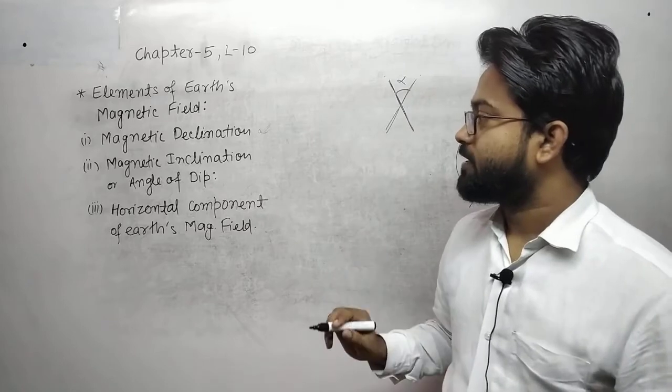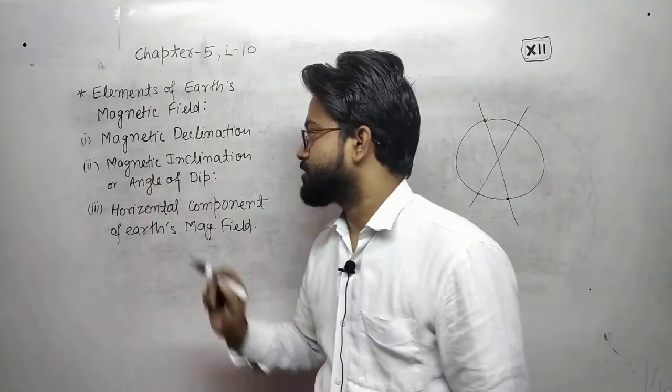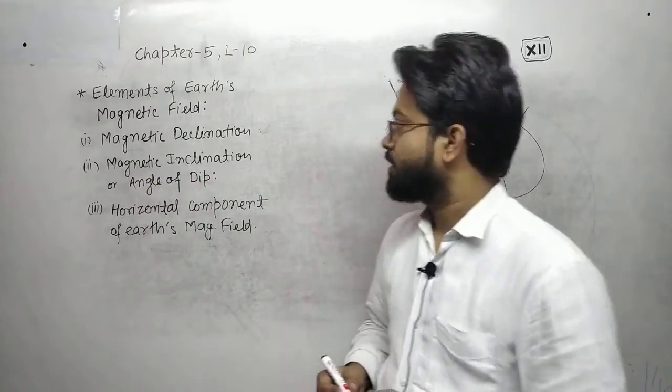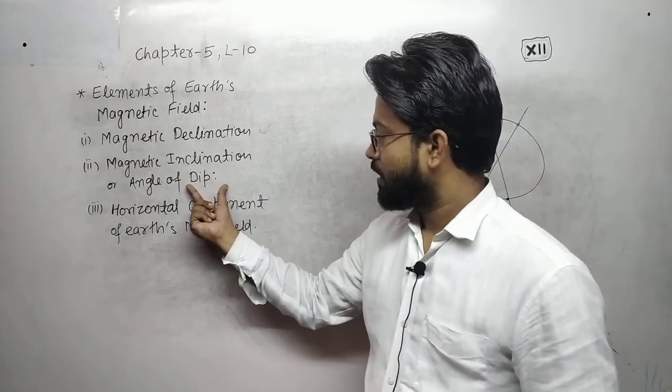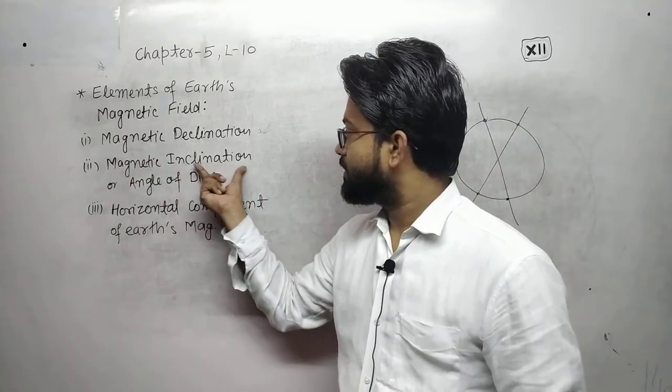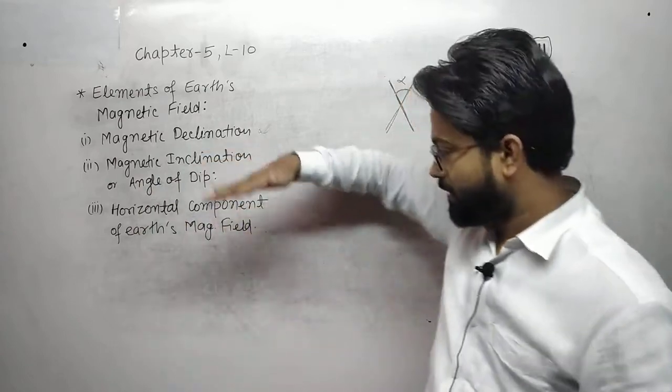Now the second point, that is magnetic inclination. Inclination means dip, so you can say magnetic inclination or angle of dip.